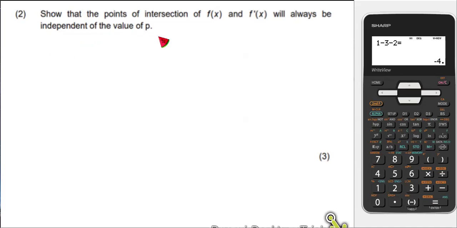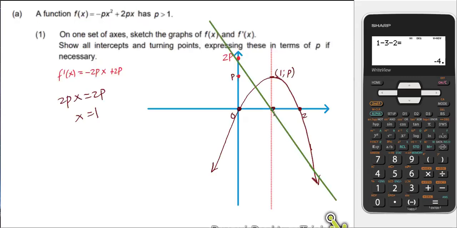Come on, we just did that. They say show that the points of intersection of the two graphs. Oh yeah. So that means when you equate the two graphs, the p will disappear. So let's just show them.